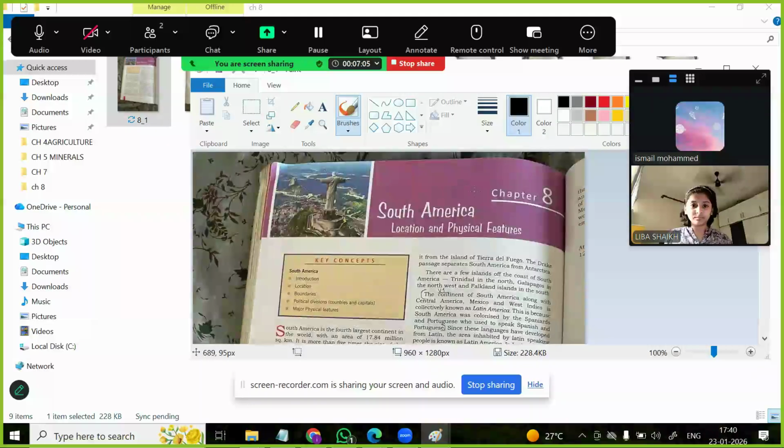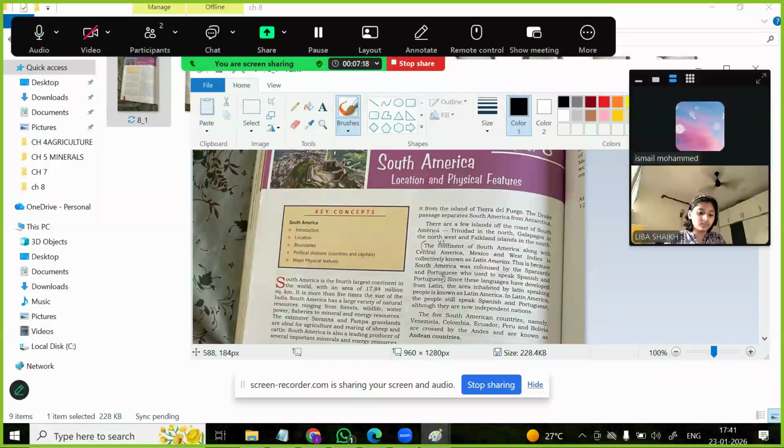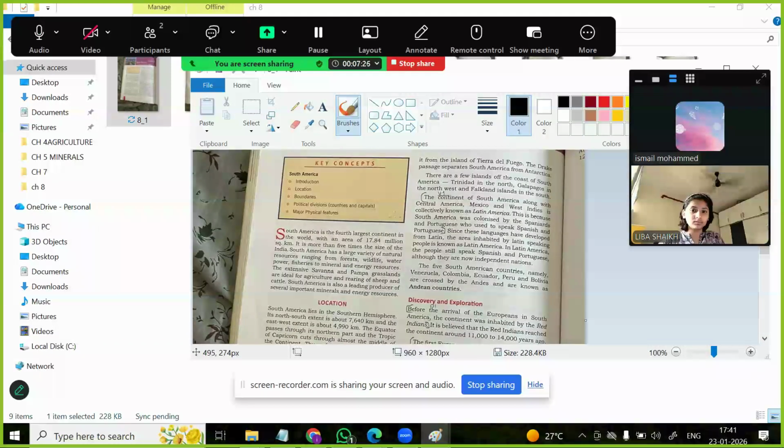Basically, it's about South America, its location and physical features. Here we will see some introduction about South America, its location, where it is located, what are the different boundaries of different countries, political divisions, like which countries come and what are the capitals, and physical features.